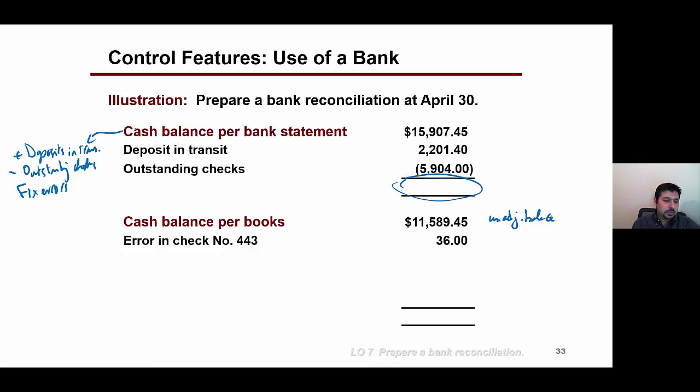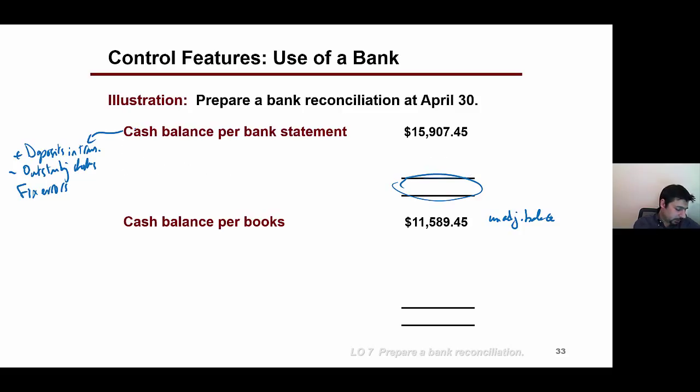So for this one here we also need to fix errors. Basically we need to subtract not sufficient fund checks, which are the bounced checks. We need to add any notes collected by the bank.